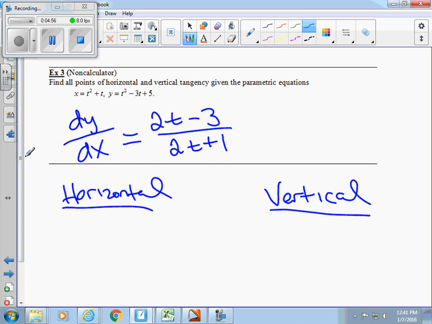When will I have horizontal tangent points? When the top equals 0, when dy/dx equals 0, and fractions equal 0 when the top is 0. And when will I have vertical tangents? The bottom is 0. When dy/dx is undefined, and again that happens when the bottom equals 0.